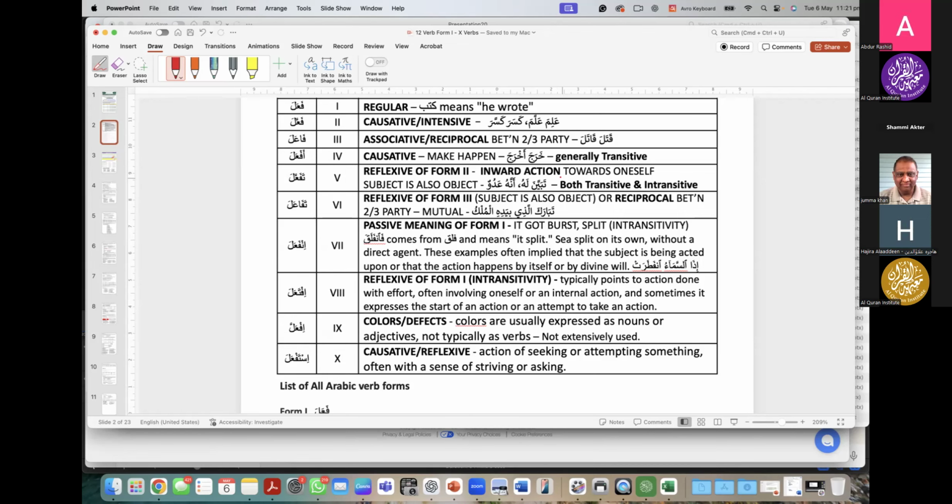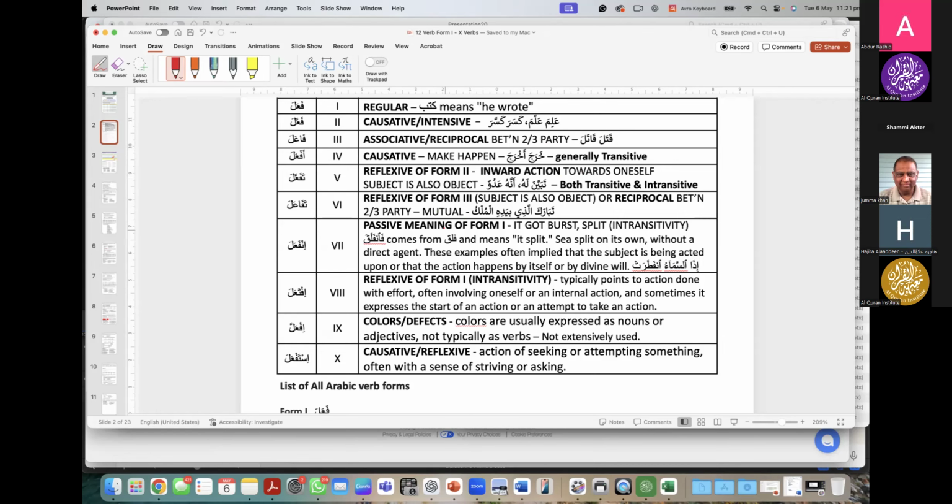Okay, I'll just touch a little bit. In this example, you will see subject can be object and object can also be subject. Later on, we will discuss it in detail. Number 7, it will have a passive meaning. In infatara, it got split. Number 8, reflexive, intransitivity.